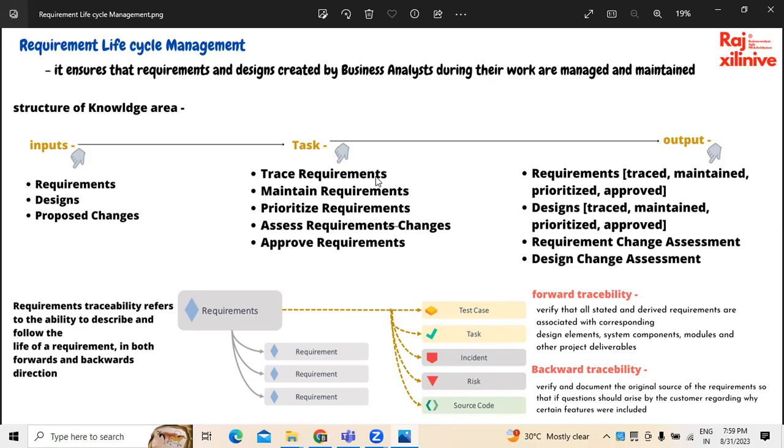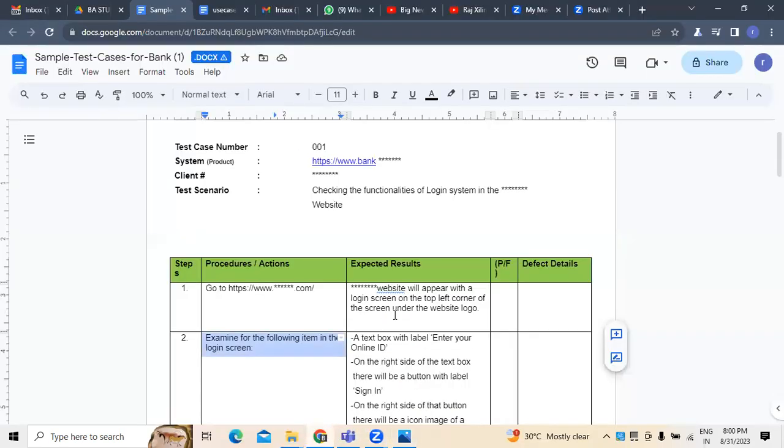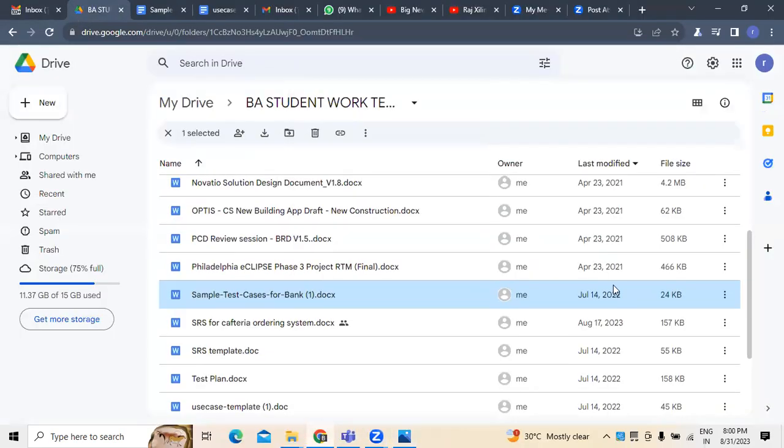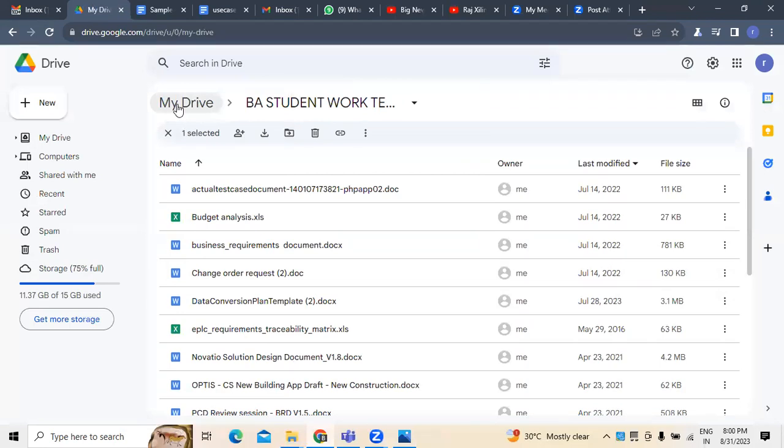If there is any deviation between these two, a correction has to be made by the technical people or business people. For this tracing of requirements, there is a process which we normally call RTM, which stands for Requirement Traceability Matrix.